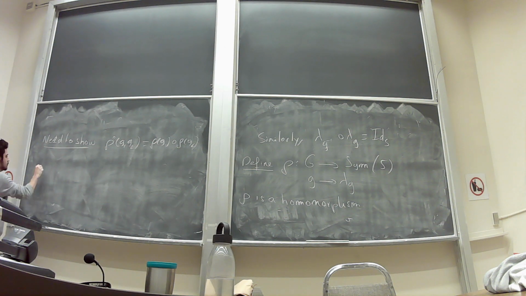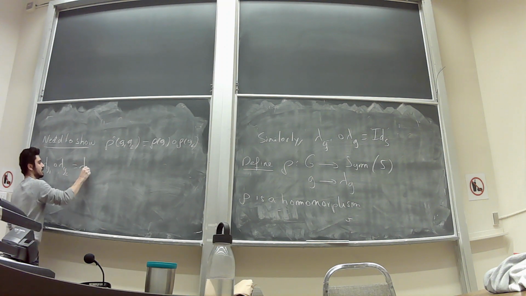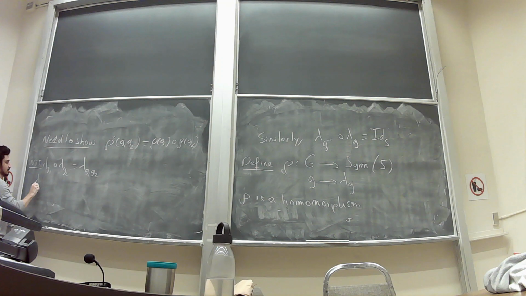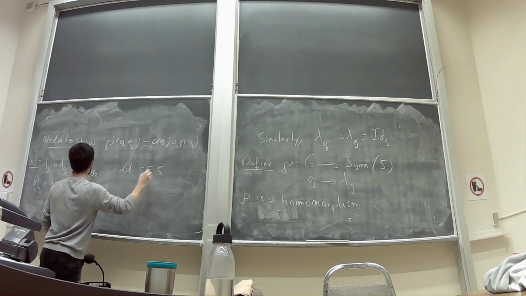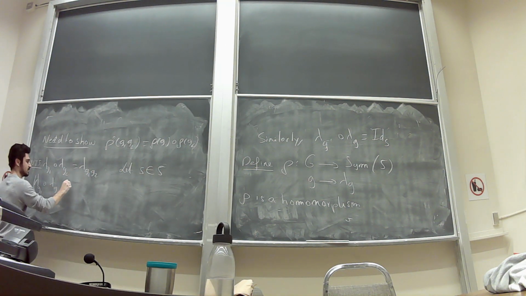What I need to show really is that lambda g1 composed with lambda g2 is equal to lambda g1 g2. Well, this is more or less obvious. So let s be in S. Same proof as Cayley's theorem, almost the same proof.